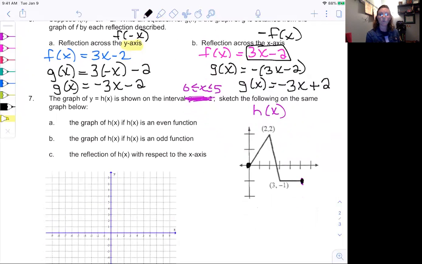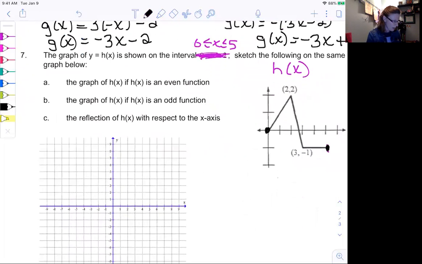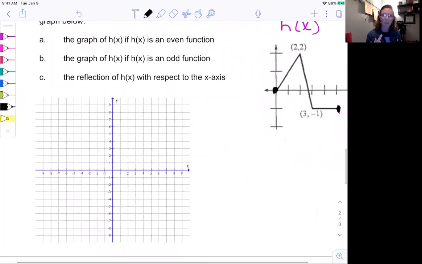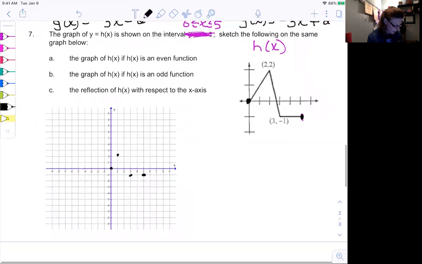So I'm going to sketch this again on the graph, and then we're going to see if we can remember what it means for a function to be even. So plotting my points here, this looks similar to the one that we have. All right.